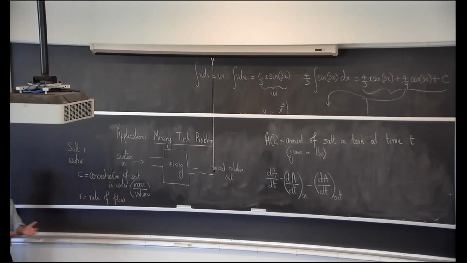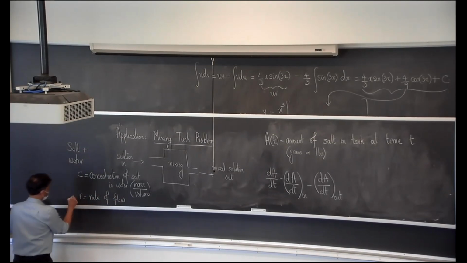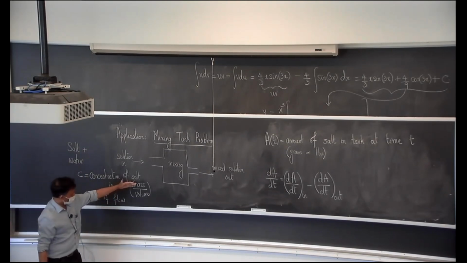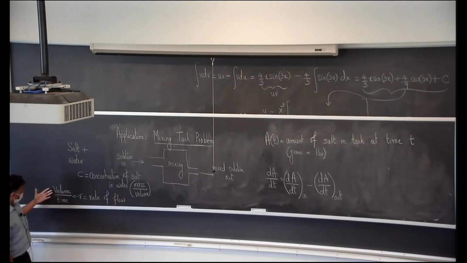That means how much volume is passing per unit time, so volume per time. If this was 5 grams per liter, and this is probably 2 liters per second or 2 liters per minute, there is some measure of how much salt is coming in per unit volume and how much volume is passing per unit time.